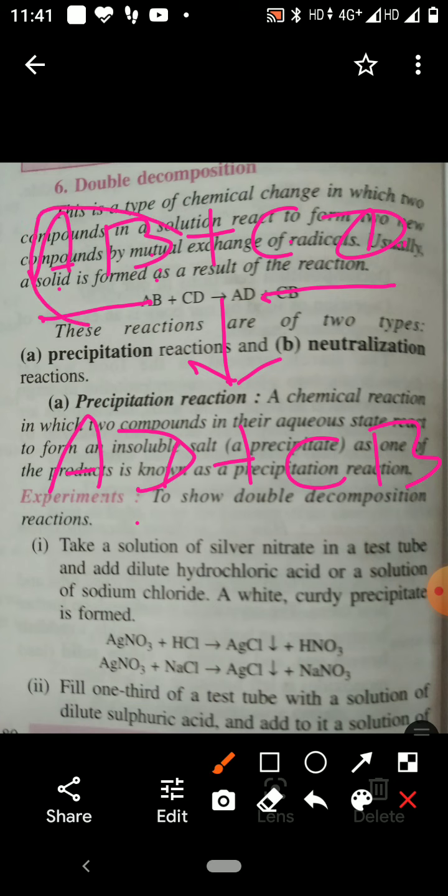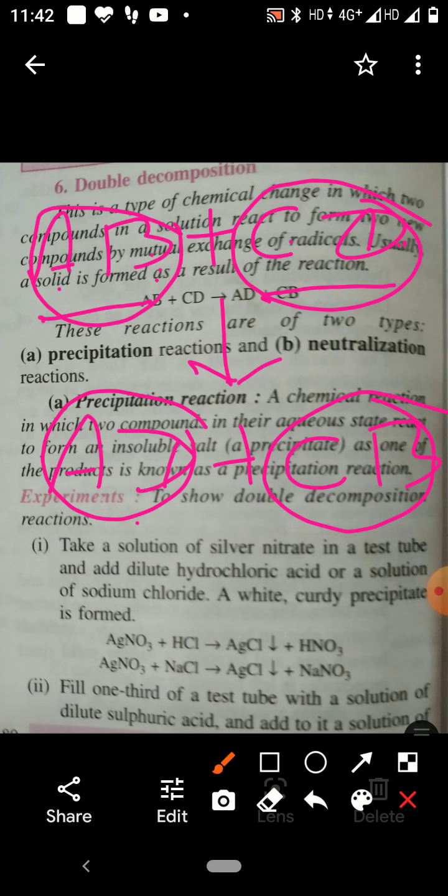AB is one reactant, CD is the second reactant. Both reactants decompose, and they give two new products, two new compounds, by exchanging their radicals. So two new compounds AD and BC are formed. So how is it formed? By an exchange reaction.